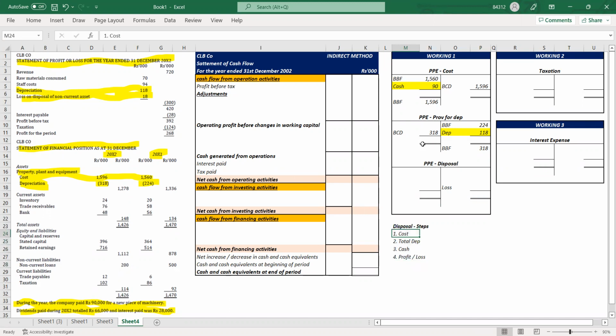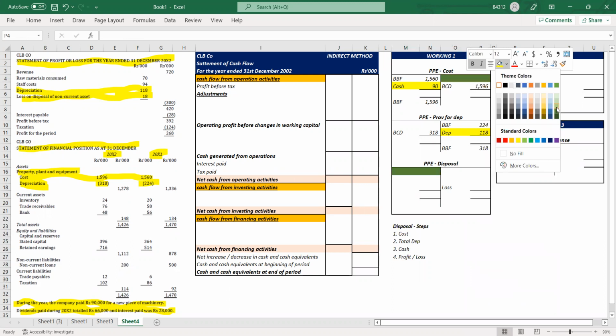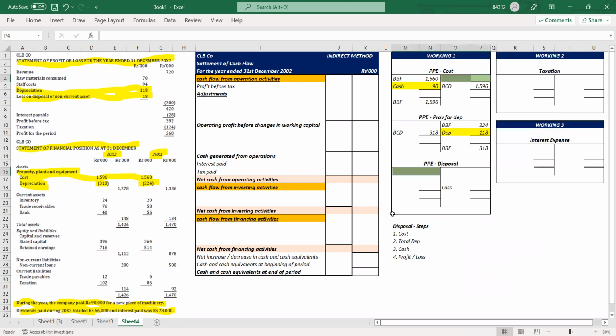We don't know the cost. So that cost is the difference in this account. The amount transferred to the disposal account, this amount. You can find out the cost of the disposed asset.